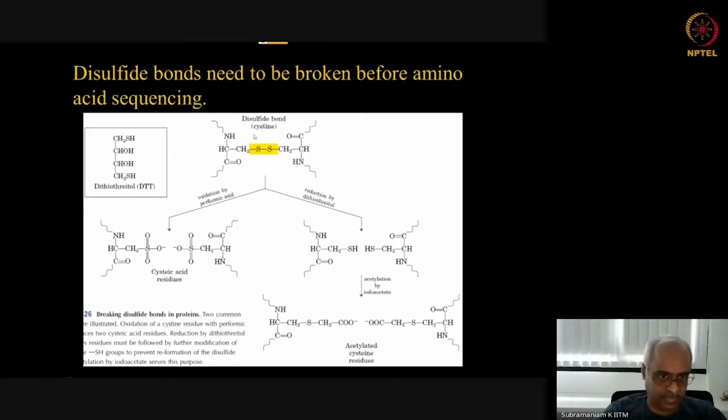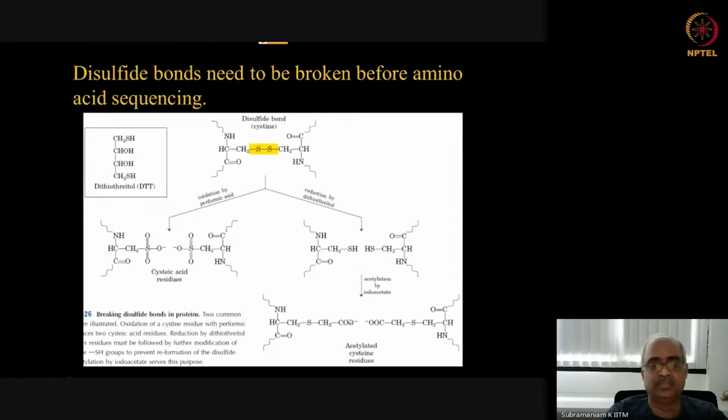This is done by using a reducing agent like dithiothreitol, and that converts this disulfide bond into two sulfhydryl groups. But then they can get oxidized to a disulfide bond again, and to prevent that they need to be derivatized, and that is done using iodoacetic acid in this particular case.